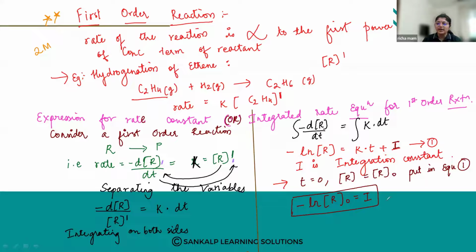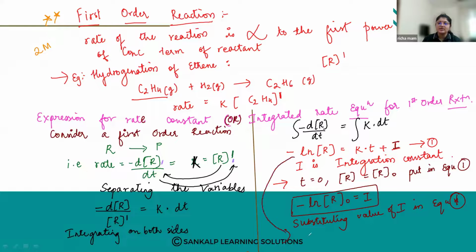So what we are doing again, substituting the value of I in equation 1. What am I going to get? There is a negative sign. Don't miss that negative sign.